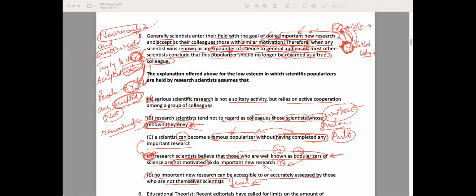That means people in Y cannot be in X. That's the thing. And option C talks about completing new research. Nowhere are we talking about completing the research. It's about being motivated to do similar research. They might complete it, they might not. It's being motivated to do that research, not completing or not completing it. That's another angle why option C is wrong.